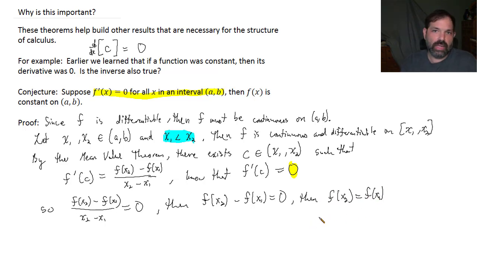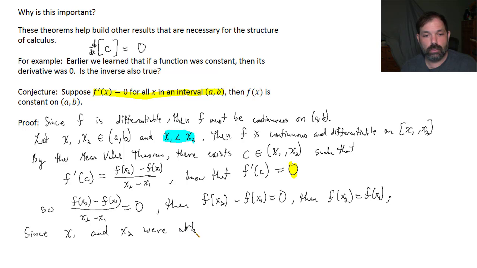I say, okay, well that's nice. They're the same value. But remember that x1 and x2 were arbitrary values on the interval a, b, so for any of those x1, x2 that we choose, their function values are the same.